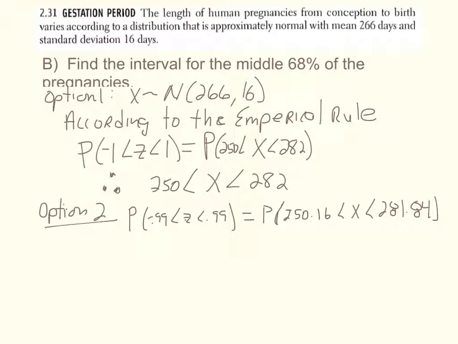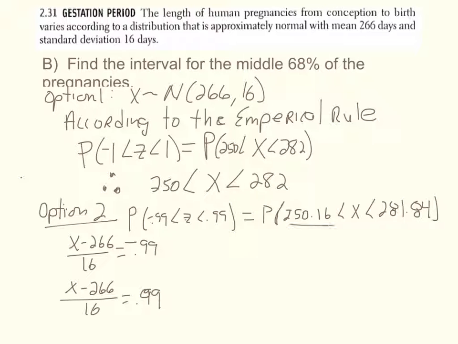Those values I got by using X minus 266 divided by the standard deviation of 16 equals a z-score of negative 0.99, and X minus 266 divided by 16 is a positive 0.99.